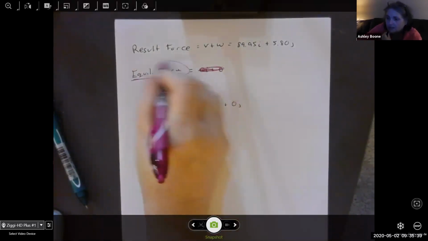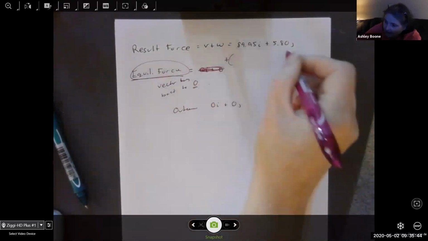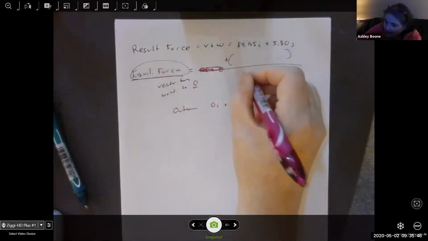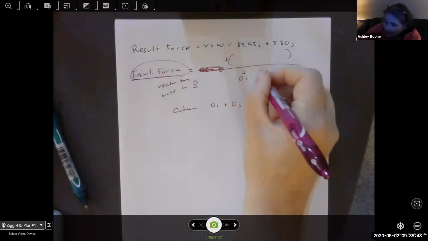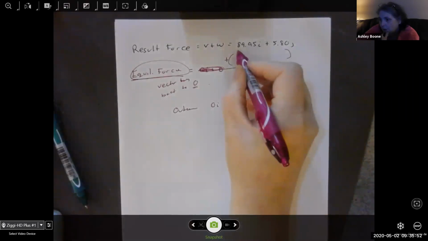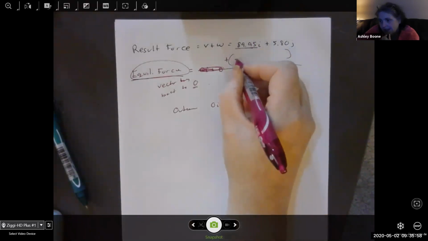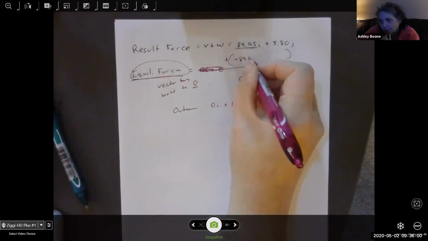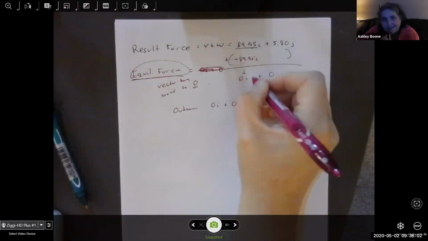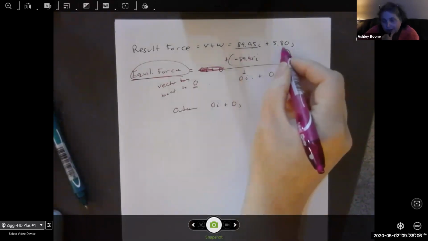So what do we need to do to get there? What do we need to add to this to get a horizontal component of 0 and a vertical component of 0? Well, we had a positive movement of 89.95. So to undo that, we would need a negative movement of 89.95 to get it back to 0. We had a positive movement of 5.80.